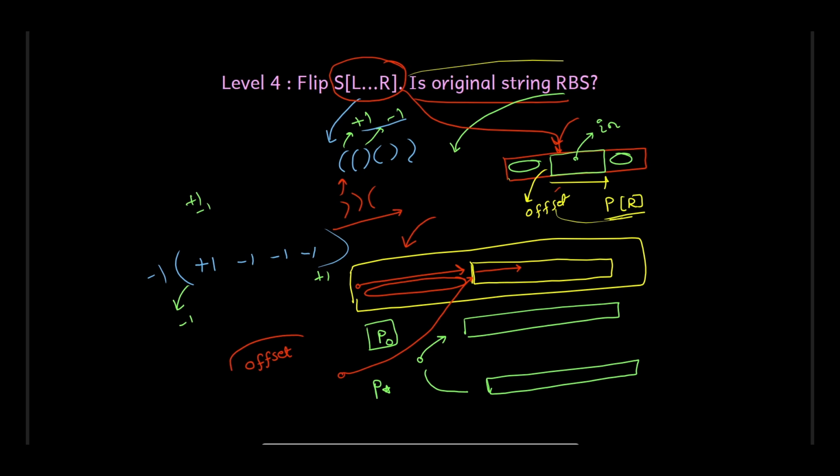So this is the offset that you have accumulated so far from the prefix array. If nothing was flipped, then you would have wanted the minimum element of this prefix sum array to be greater than or equal to offset. This is what you would have wanted.